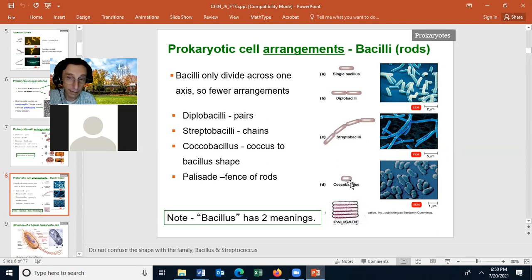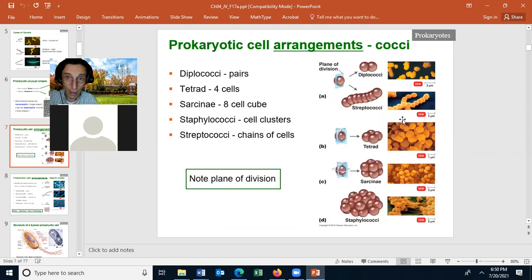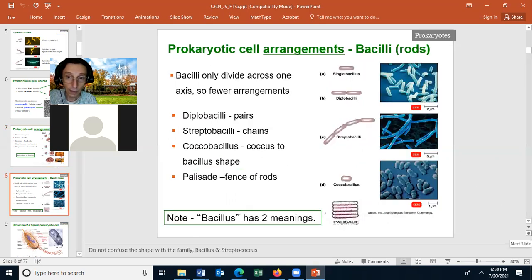A Coccobacillus is a cell in between a bacillus and a cocci. Any question about that? So this is a variation of a shape of the cell, not a growth arrangement. And I don't know why that's in this slide.